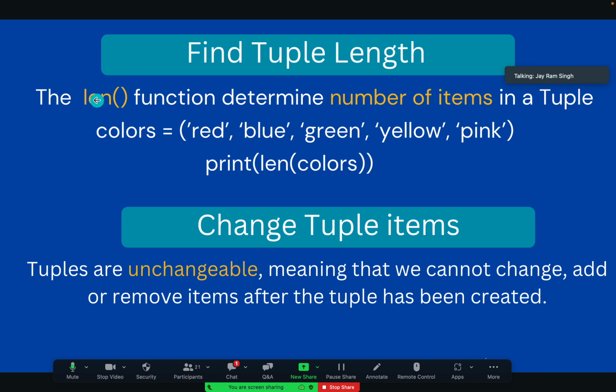Length, you can use the len function to get the length of the colors. Len and tuple name. Change tuple items. Tuples are not able to change. Those are unchangeable, meaning that you cannot change, add or remove items after the tuple has been created. But we can apply some tricks.